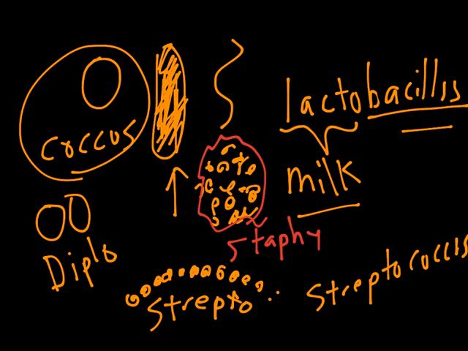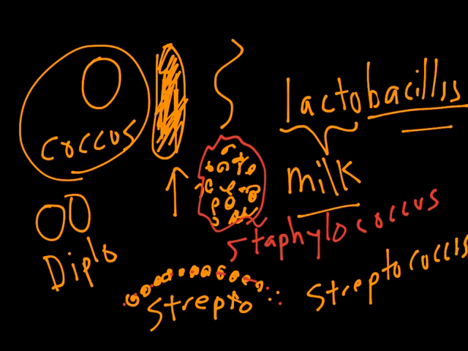Staphylo means groups. So Staphylococcus, that's a staph infection like what you get in your hand. A Staphylococcus infection is a bunch of coccus bacteria that are grouped together. Streptococcus would be a long chain. Diplococcus would be something that occurs in pairs.